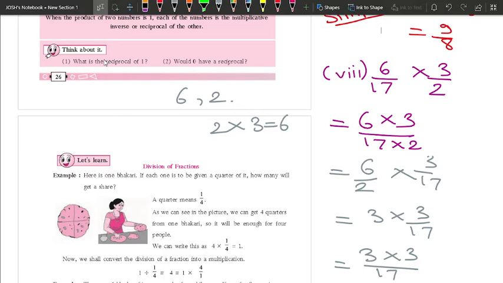And now we will solve a word problem. Just a minute, guys.